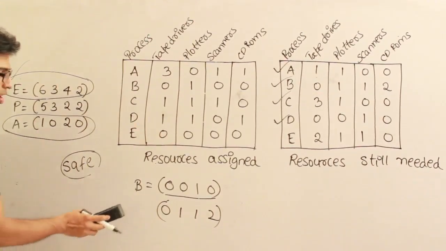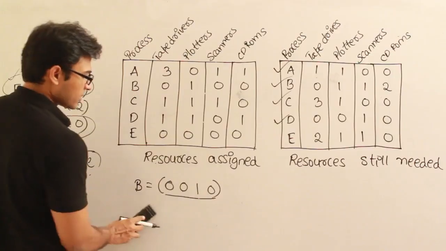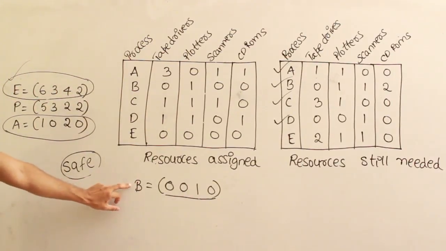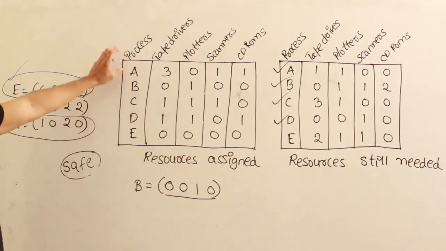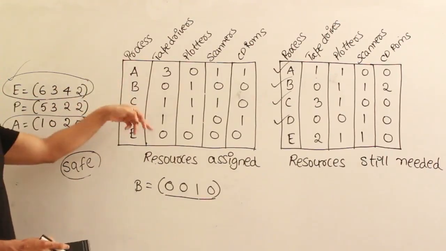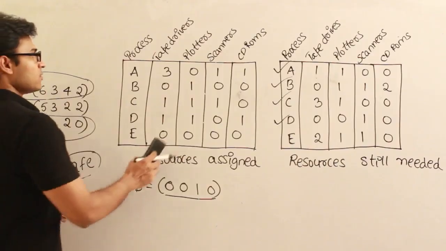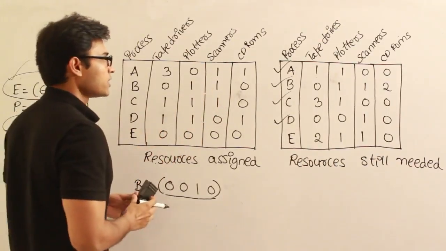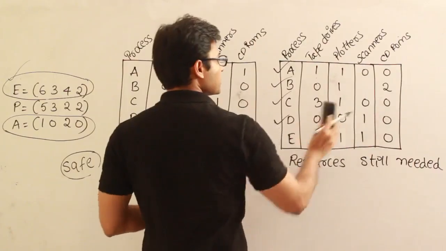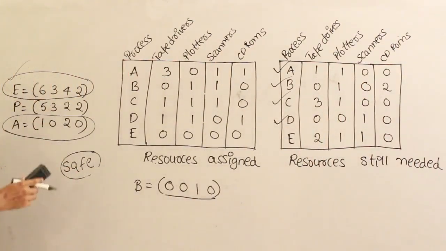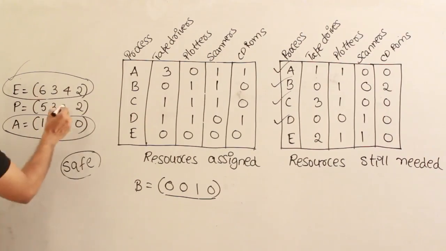Now assume that the operating system acts as if it has allocated this one. If this has been allocated to B, then B's matrix will look like this. This is the resource assigned. Here it is going to get 1 instead of 0, and in future need, it doesn't need 1, which means this one will become 0. And the process assigned here will become 3.